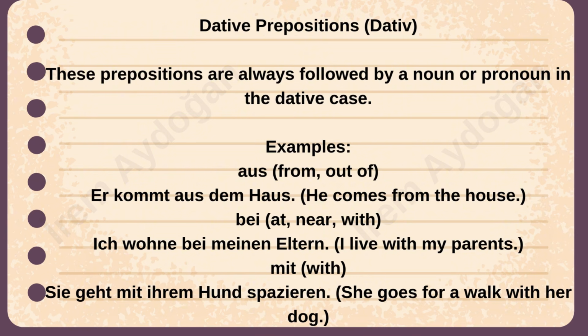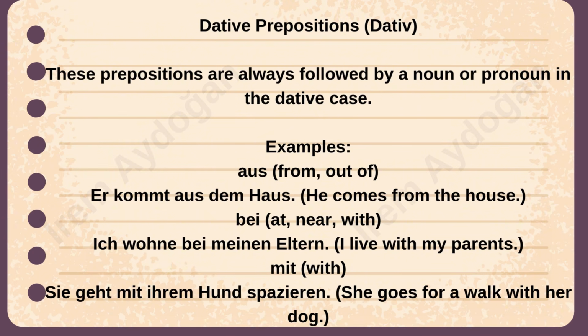Just remember what I said before with the lesson of the dative, accusative, and nominative. If you learn dative, accusative with articles, you can put the prepositions in the correct way.